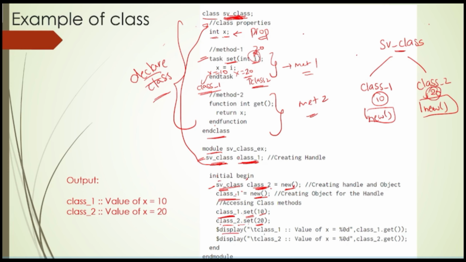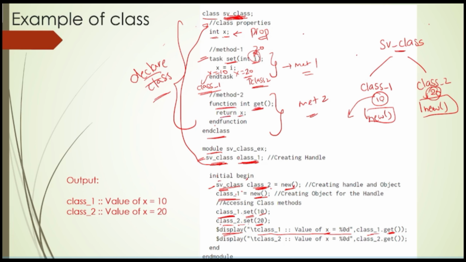Now I am displaying the value of x. Class 1 dot get, I am using it in order to print in my display. It will go into the get function with the class handle. Within get, what it has is return x.